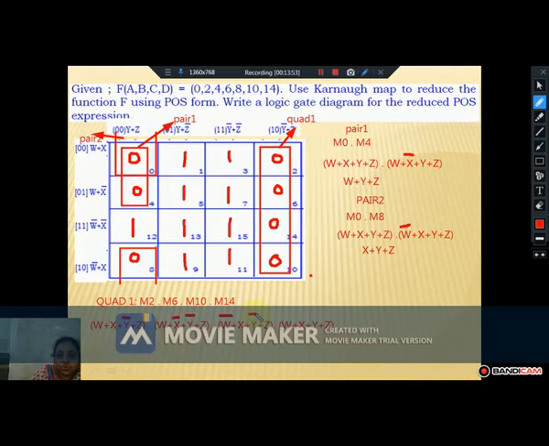M14 is W bar plus X bar plus Y bar plus Z.